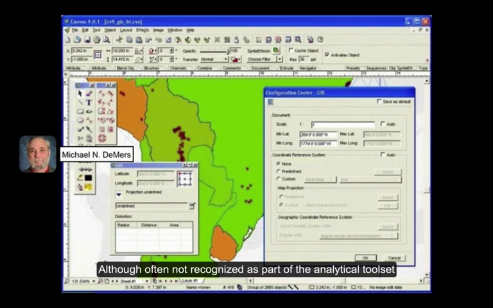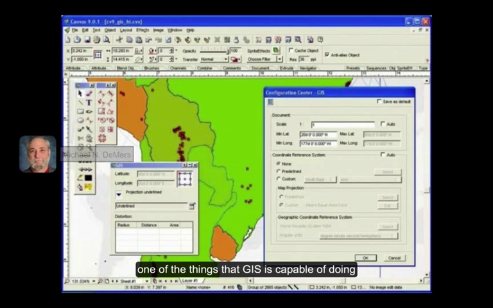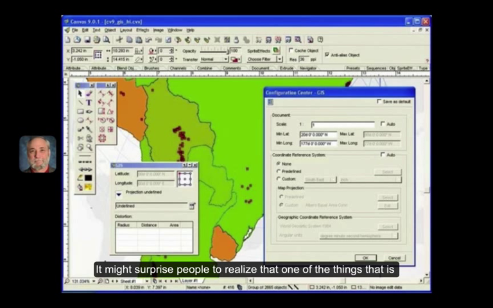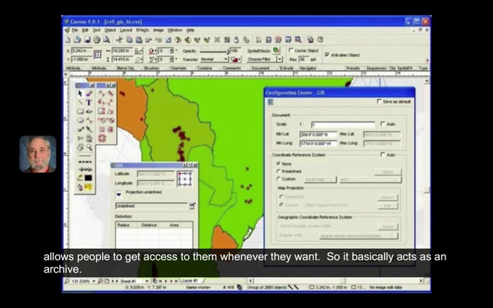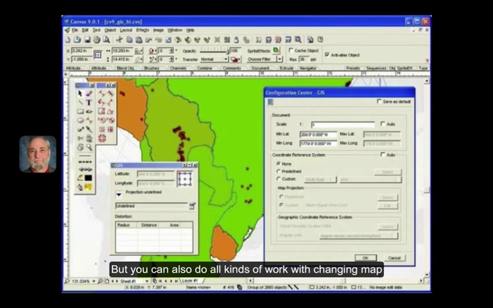Although often not recognized as part of the analytical tool set, one of the things that GIS is capable of doing is to organize and reference your data. It might surprise people to realize that one of the things that is used most often in GIS is simply retrieving the data sets that have already been put in after they've been cleaned up. It allows people to get access to them whenever they want. So it basically acts as an archive.